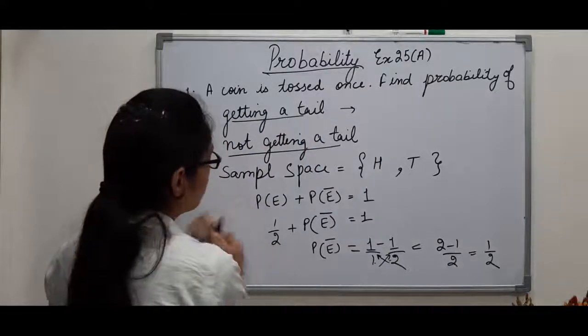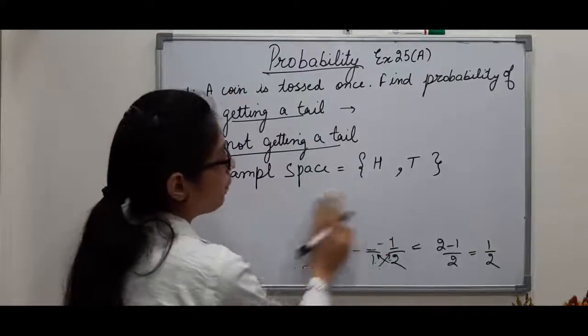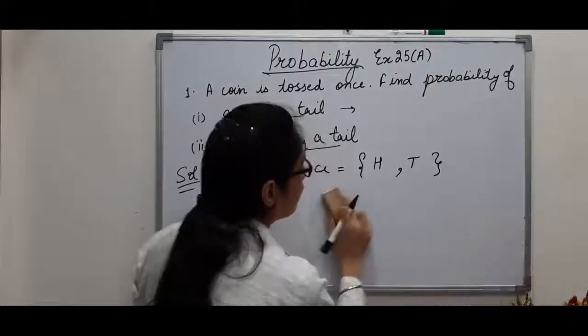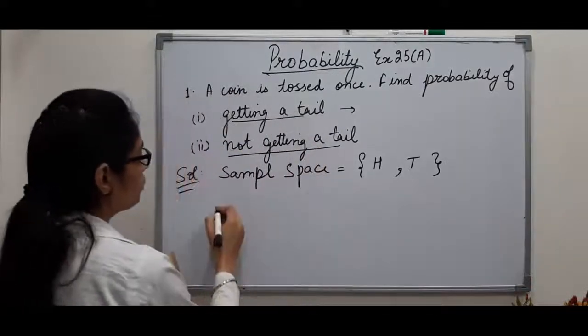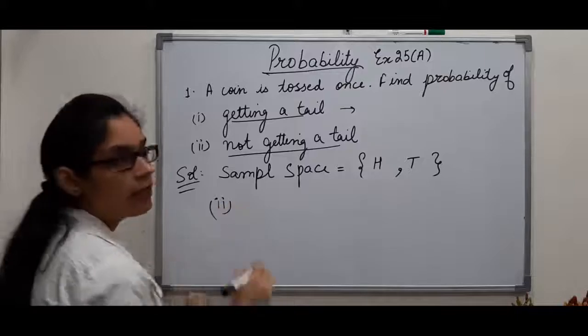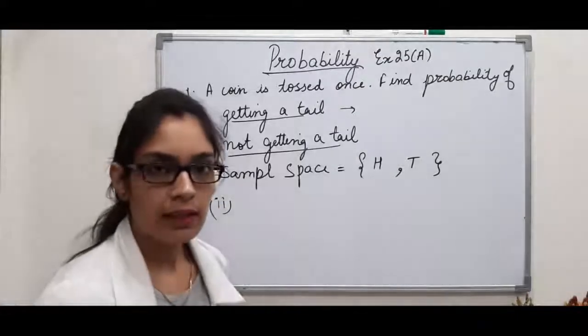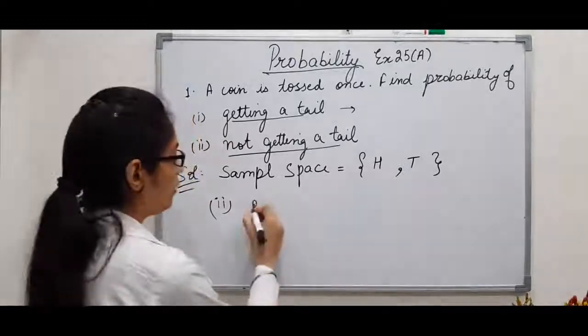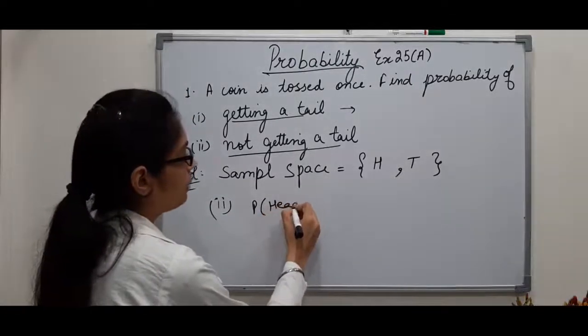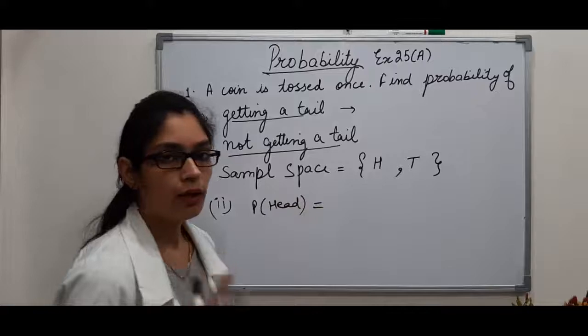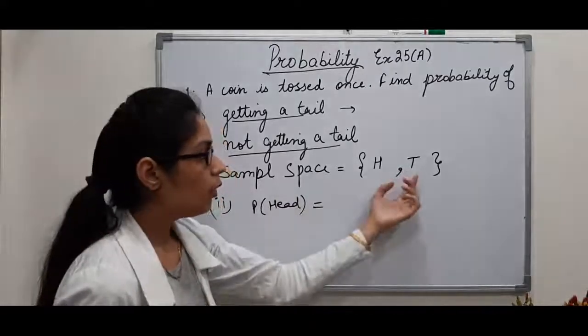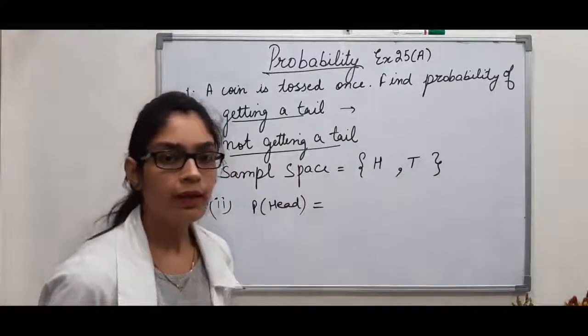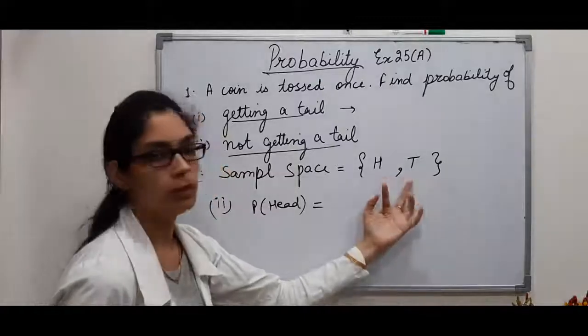So this is one way of calculating the probability of not getting a tail. If you want, you can also calculate it like this. If you are not getting a tail, that means you are getting a head. So in that case you can find the probability of getting a head. Not getting tail means you will get head, because only two things are possible.